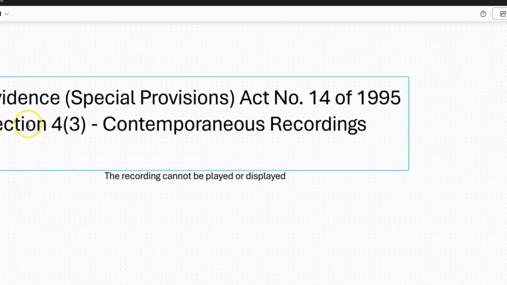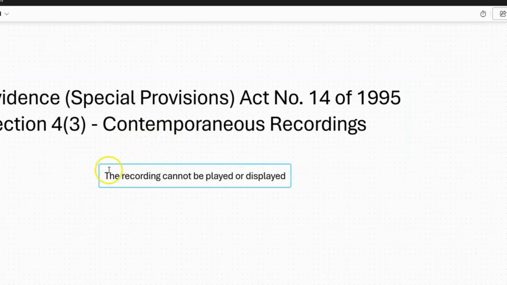The next part, Section 4.3. Sometimes the original recording cannot be used directly in court. In such situations, the court may accept another version of the recording instead. This can happen if, first, the recording cannot be played or displayed.